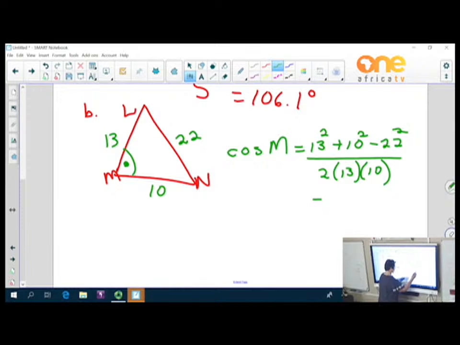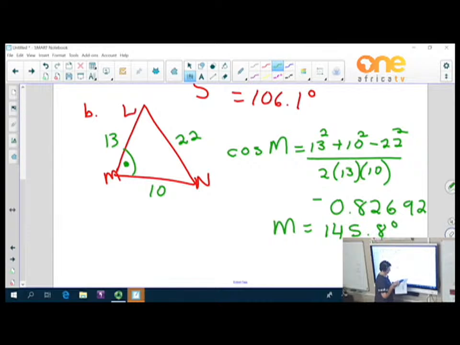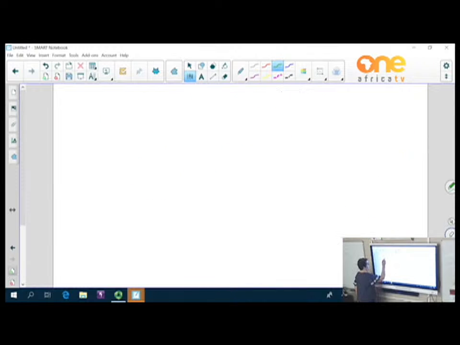I have now negative 0.82692. I want the angle, so it is going to be second function cosine my answer. And that is 145.8 degrees. That's what I have there, 145.8 degrees.